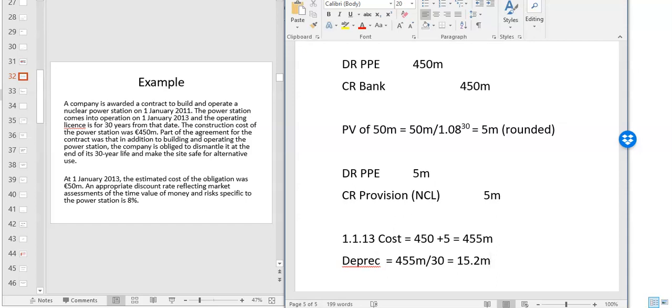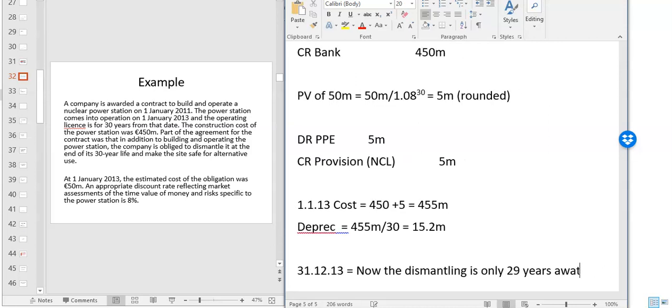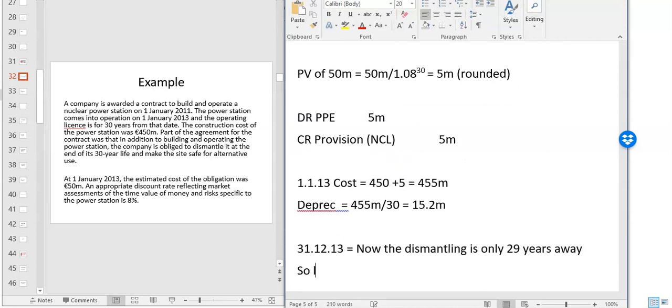The other thing to watch, and this is where students go wrong, is at the 31st of 12th, 2013, now the dismantling is only 29 years away, so less impact of time value of money.